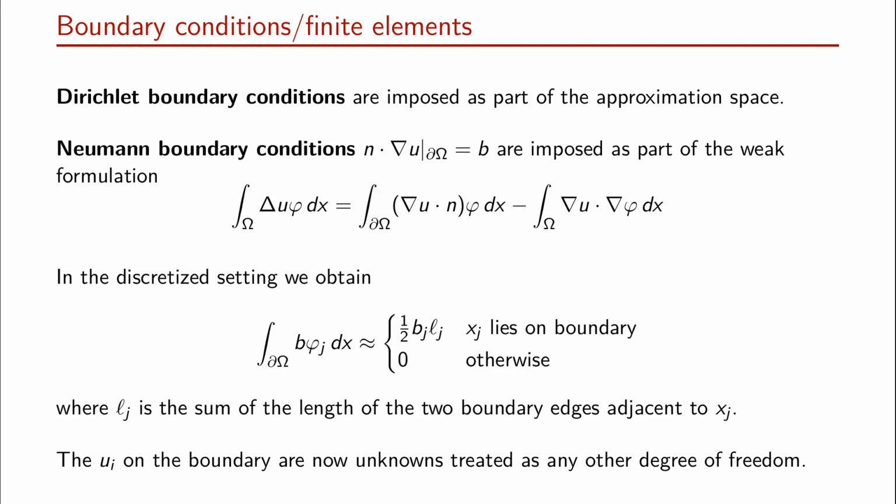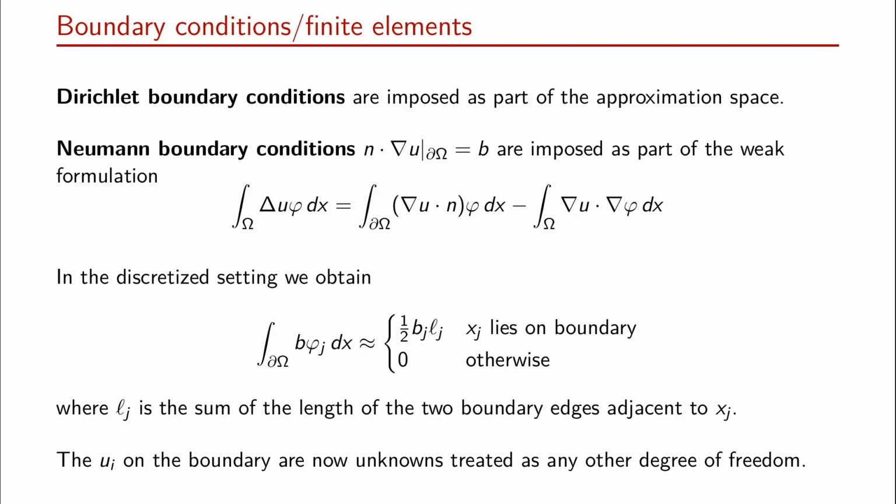Previously, for Dirichlet boundary conditions, we just assumed that on the boundary there is a fixed value given. But now this is no longer the case. Now the value of the function at the boundary becomes an unknown itself, and so it has to be treated as any other degree of freedom.